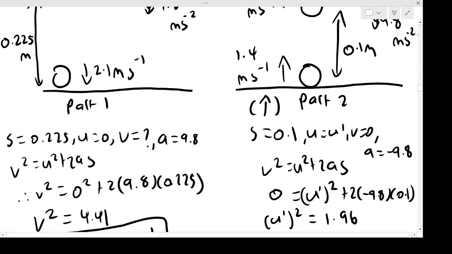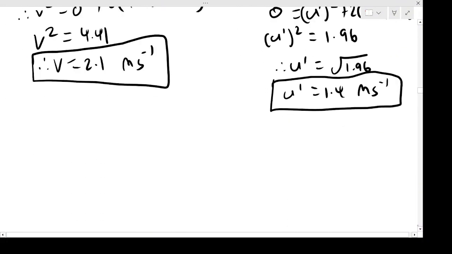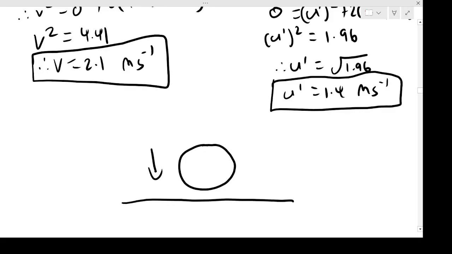So I can now work out the coefficient of restitution, right? Because if I draw the situation as it hits the floor, it hits the floor with speed v, which is 2.1. Then it bounces up with speed 1.4.